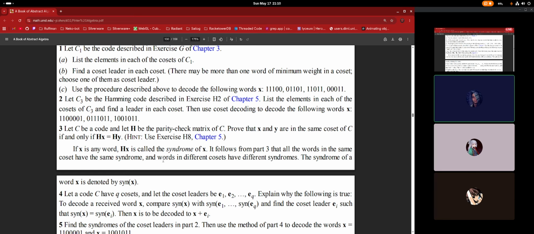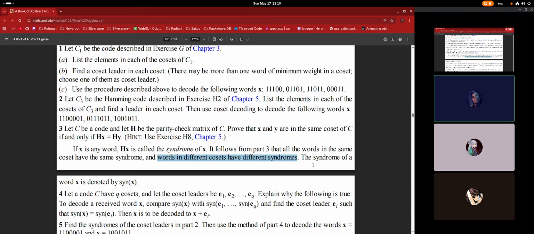But that is the coset of the thing that needs to be decoded, right? Everything that needs to be decoded, an arbitrary binary string, has its own coset every time. Yeah. And we are calling that coset a syndrome of X. And words in different cosets have different syndromes, of course, this is obvious.